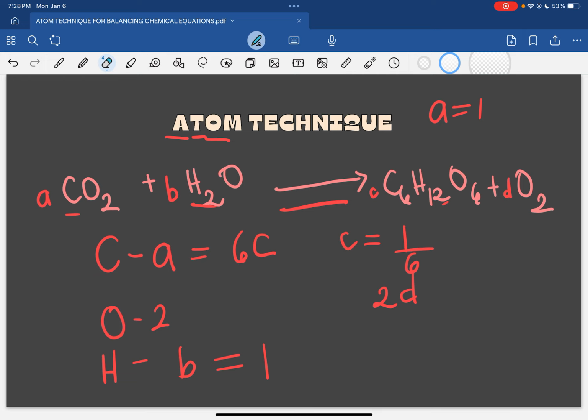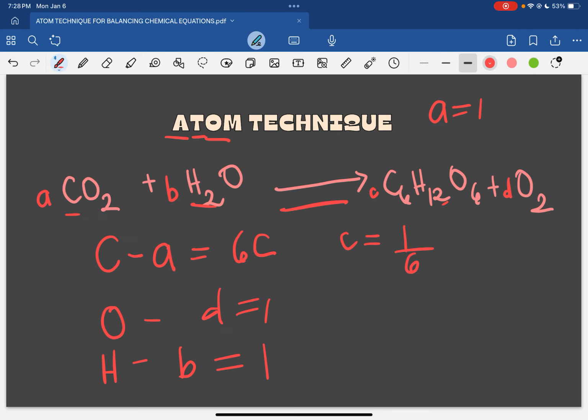And that would leave us to 2D is equal to 2, and if we divide both sides by 2, we're going to get D is equal to 1.